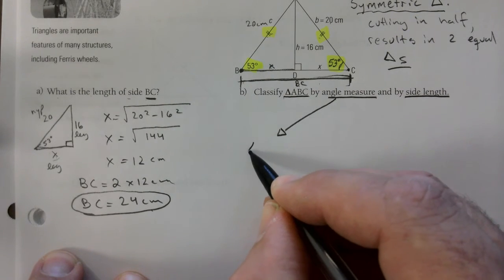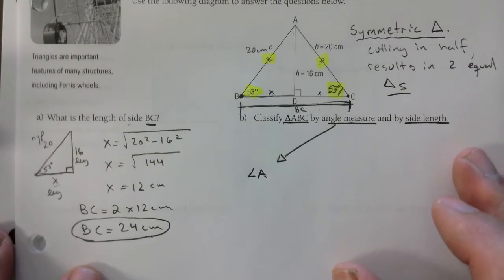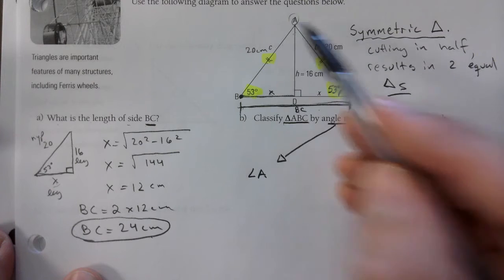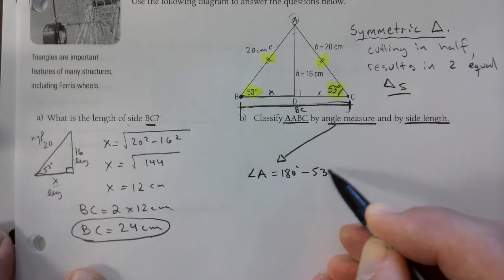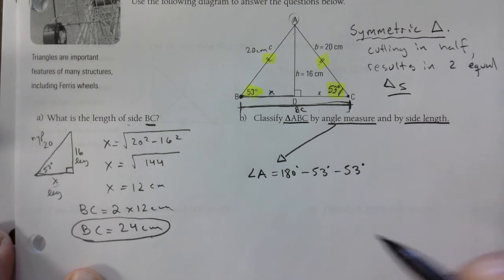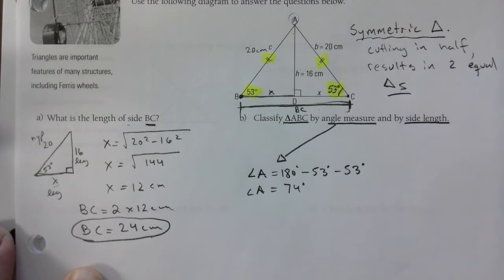I will do this though. Angle A, which is at the very top of this triangle, angle A, which is right here, is going to be 180 minus 53 minus 53. And that's 74 degrees. Okay?